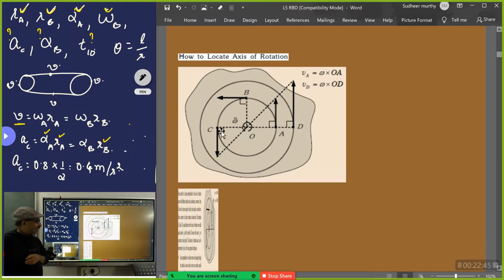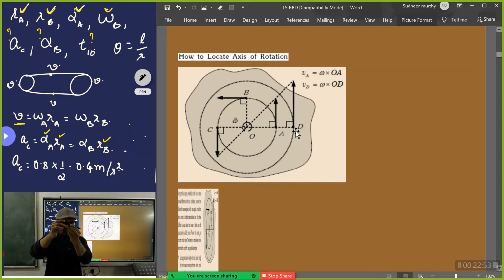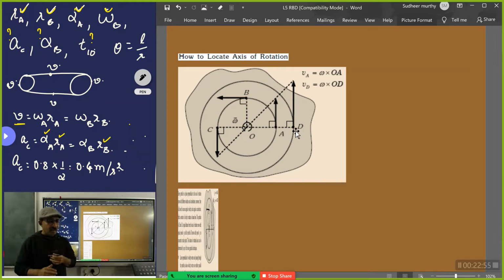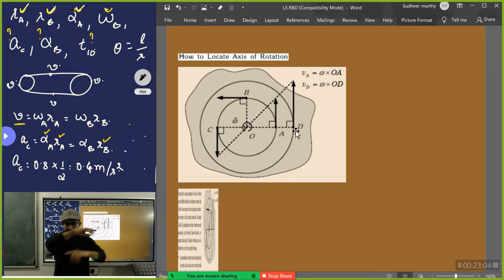Now this line itself, COAD, is rotating with omega. You understand? This line itself is rotating with omega, so any point on this line is also rotating with omega. This whole line is rotating with omega.